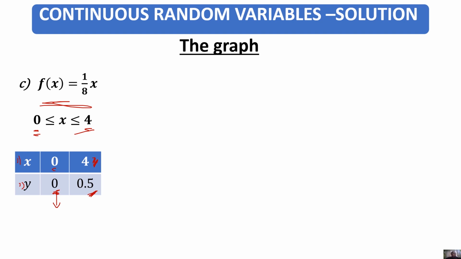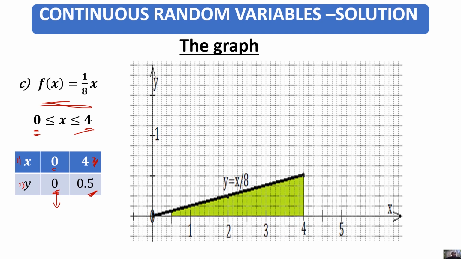Then the graph is this one. We have the y-axis and x-axis. From the table, we have x equal to 0 and y equal to 0. It is this point, the origin. We have also 4 and 0.5: x is equal to 4 and y is equal to 0.5.